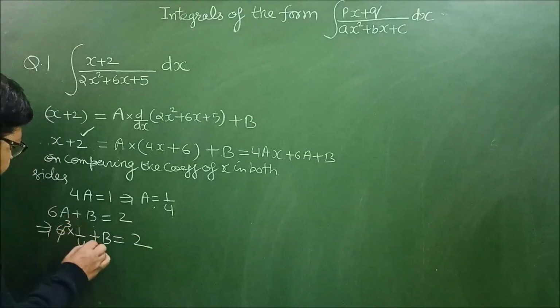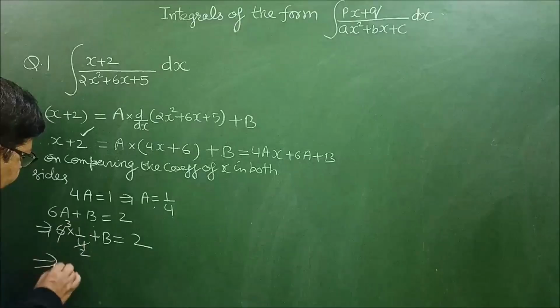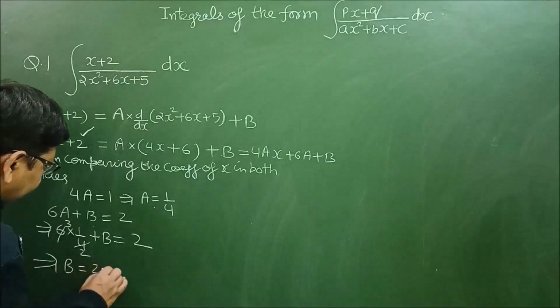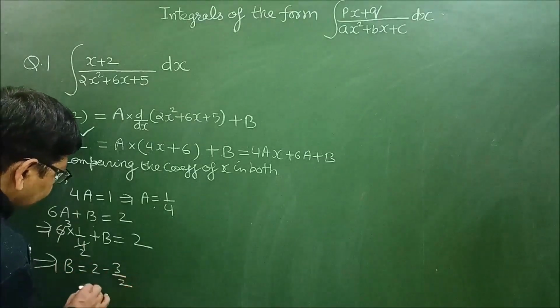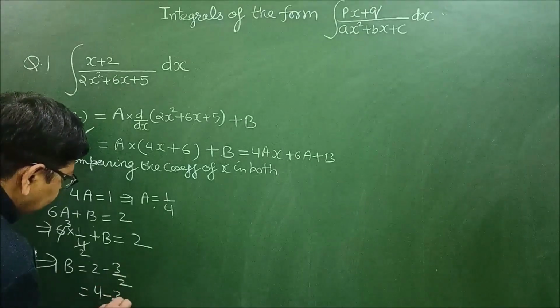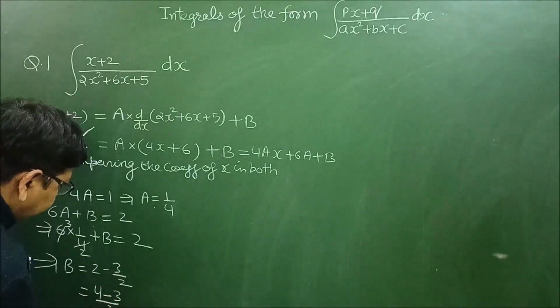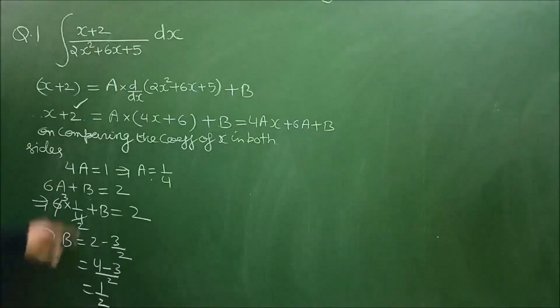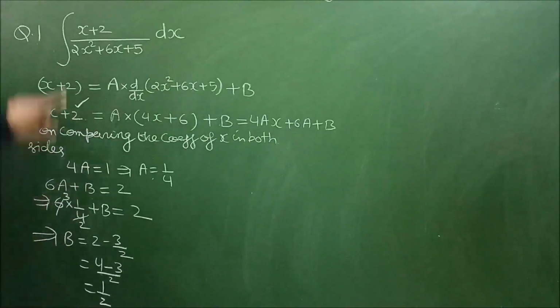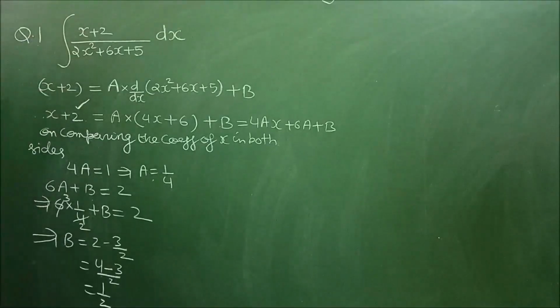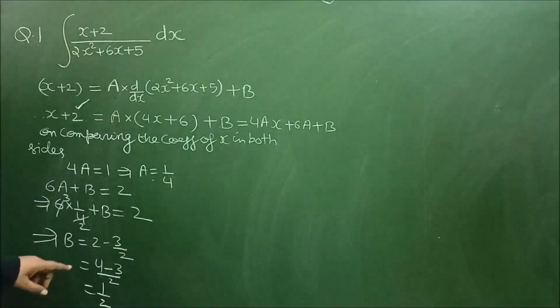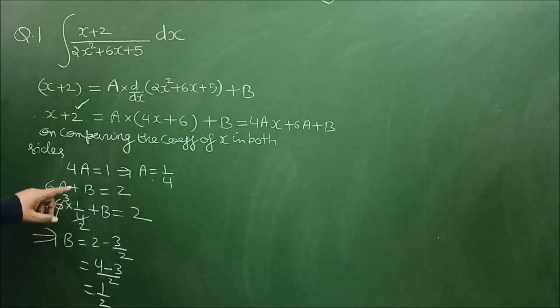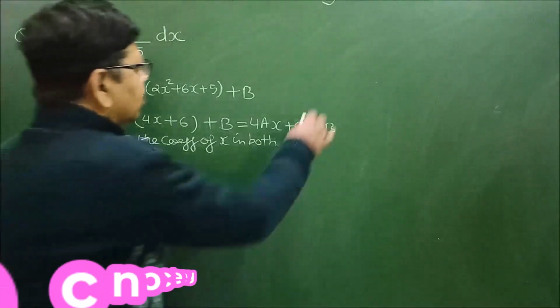So b is equal to 2 minus 3 upon 2, which is equal to (4 minus 3) upon 2, that is 1 upon 2. Now we have got the values of a and b. Putting these values here, we can replace x + 2 as a into (4x + 6) plus b, where the value of a is 1 upon 4.